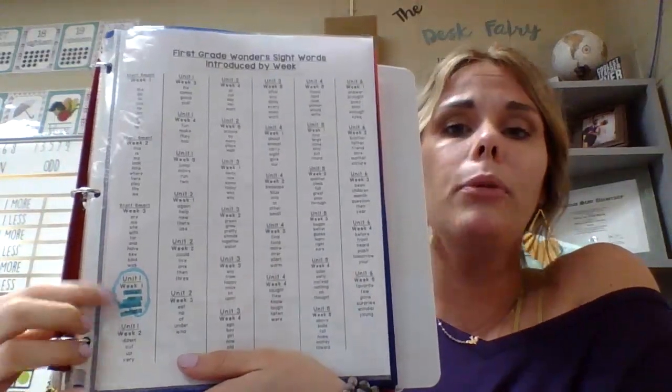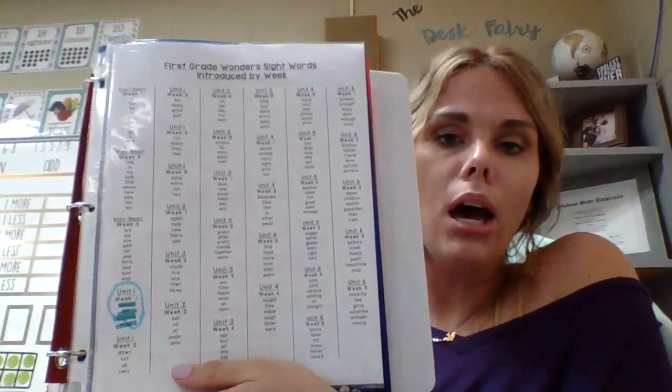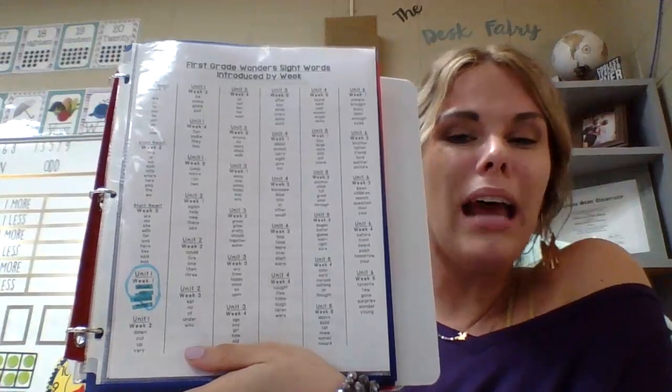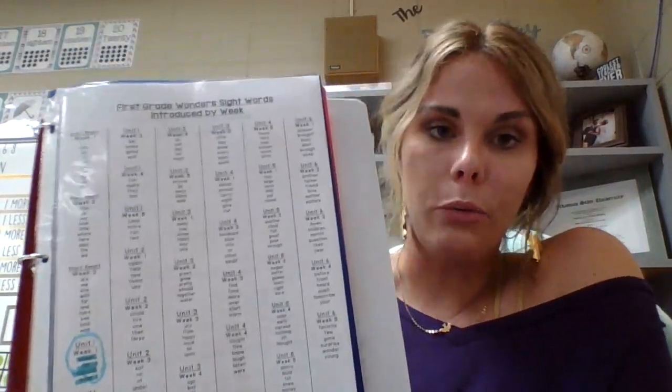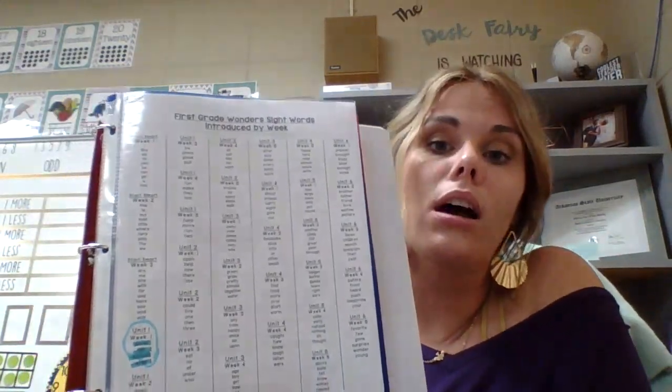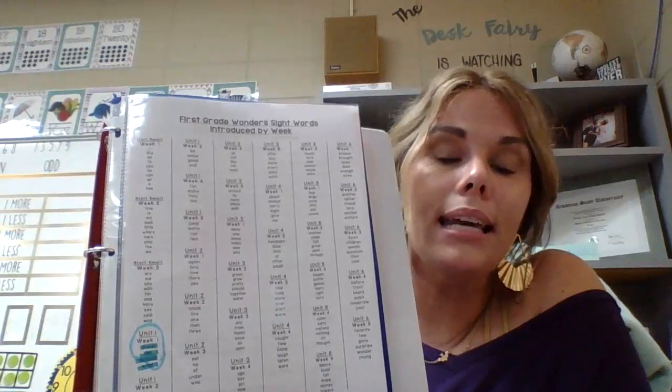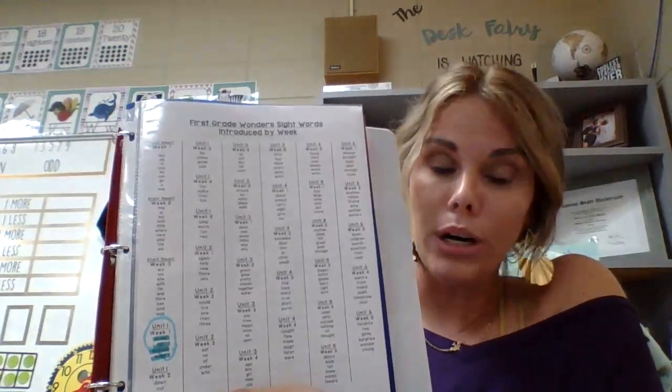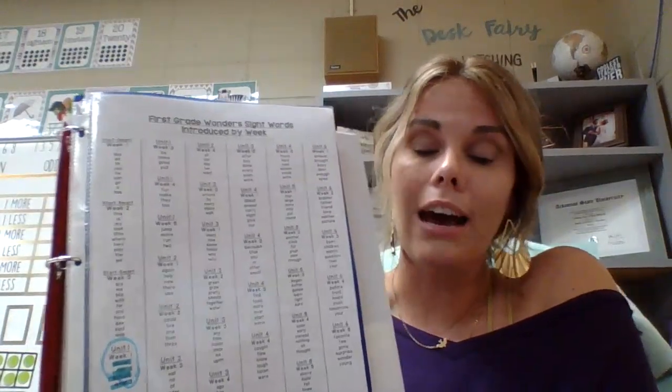But to just keep up with what they should know, I would have them read the highlighted words every week, not just this week's word, but all the highlighted words, because on our dictated sentences test on Fridays, we use past spelling words and past high frequency words.